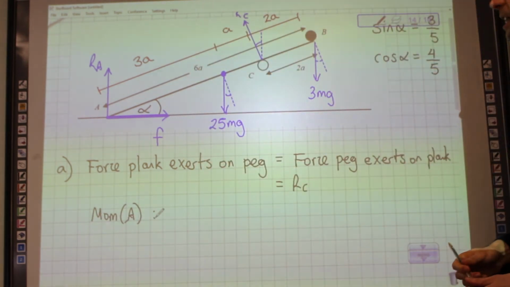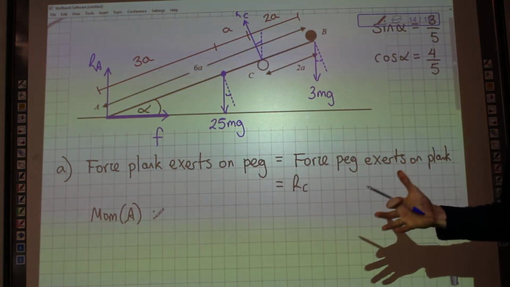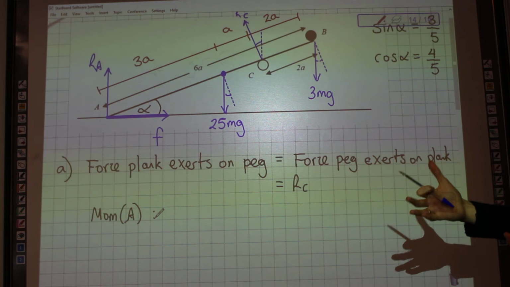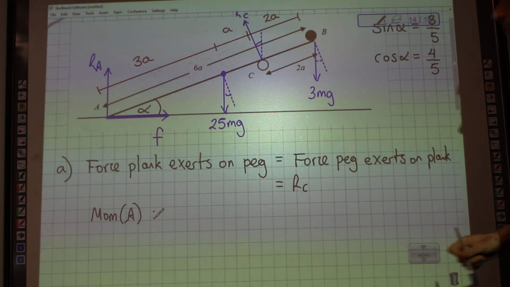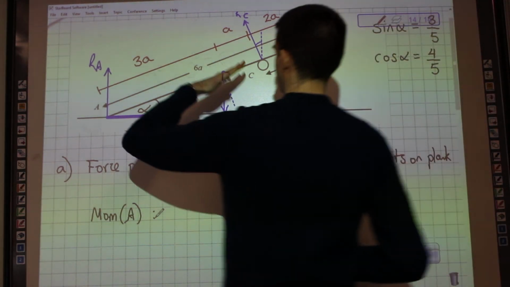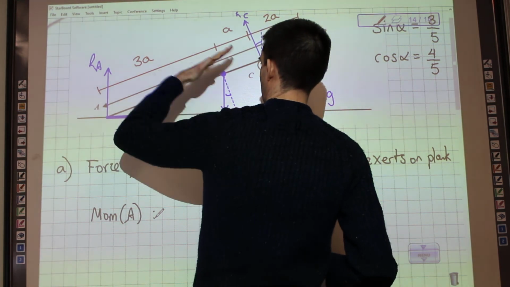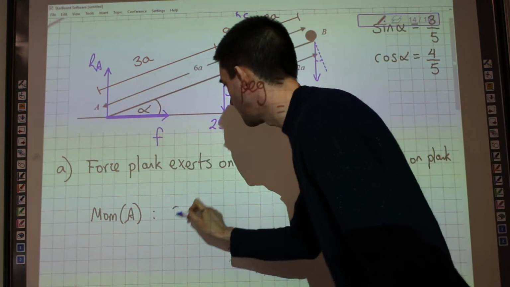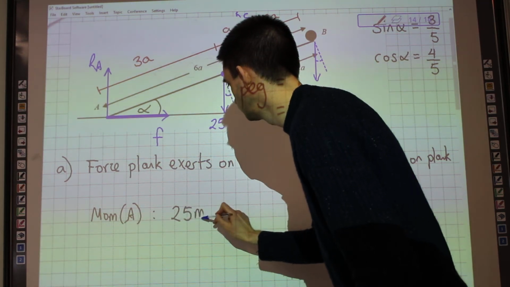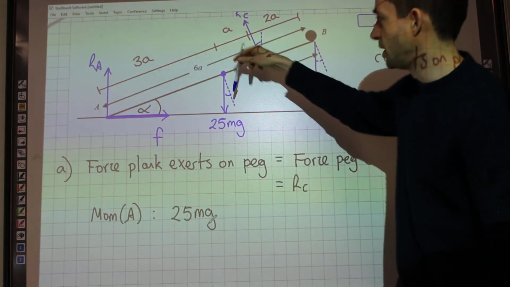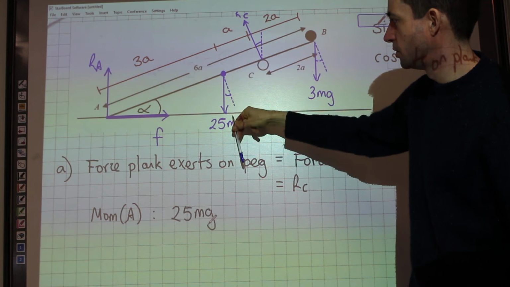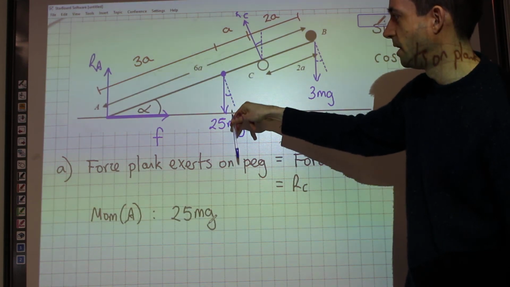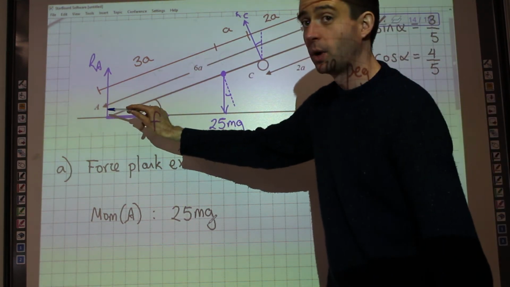I know it's going to be in equilibrium, so clockwise equals anti-clockwise. Now, first of all then, let's think of anything that's wanting to make the rod go clockwise. Well, first of all, I've got this 25 mg force here. But I need to consider what is the horizontal distance between 25 mg and the point where I'm pivoting.